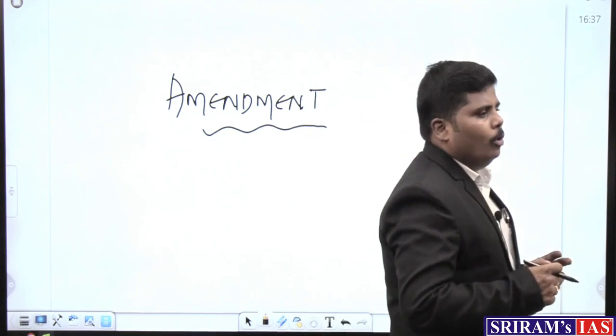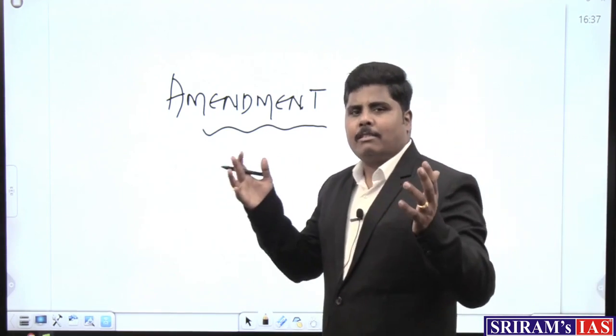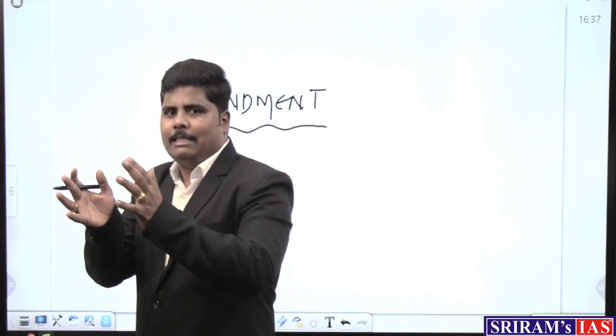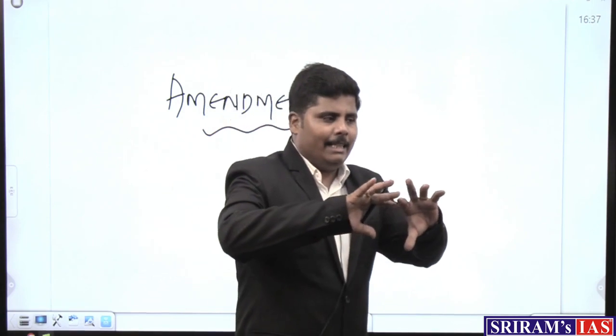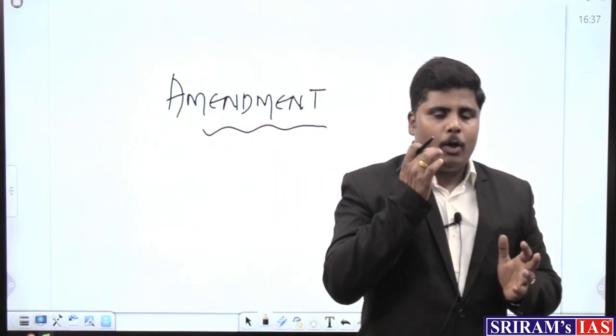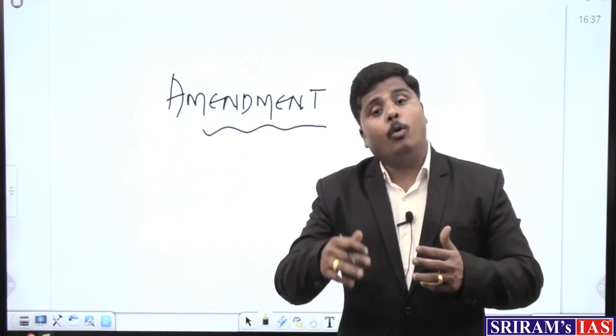Number two, going by the origin. As you all know, the Indian constitution is made up of various sources. It is not a single content. Normally they say it is like a khichdi, where we just get the content of various things. Likewise, the Indian constitution has borrowed many provisions from outside India.